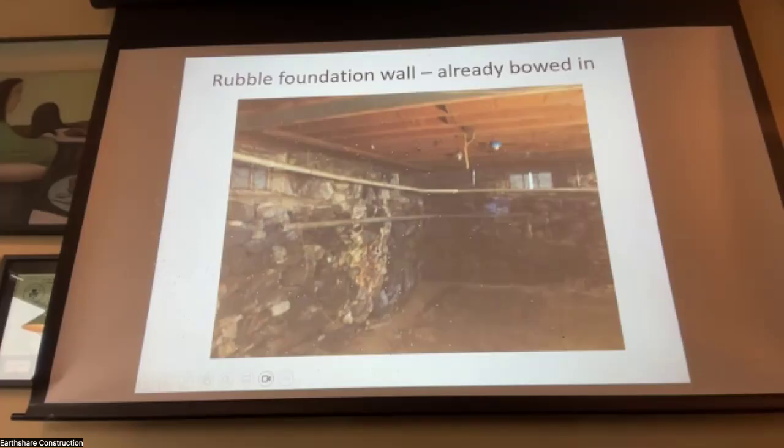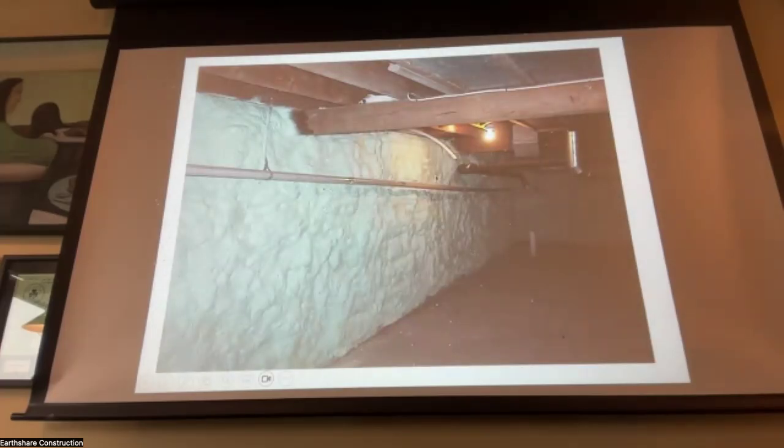But my goal is always not to make this problem worse. We want to keep this foundation warm, if we can, where it's below grade. So I'm going to talk about ways to do that.